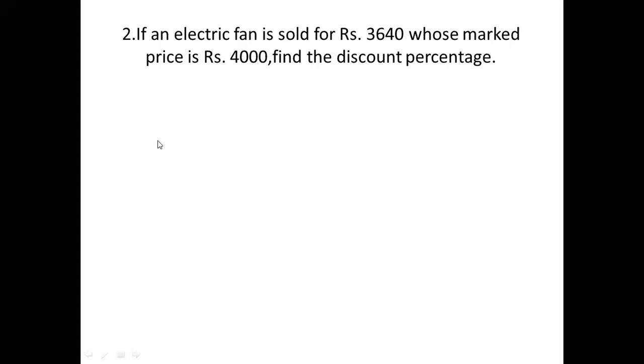Now look, I am going to show you the next one. Here, what is given there? Sarah, can you read? Electrical fan is sold. SP of the electrical fan, what is given there?